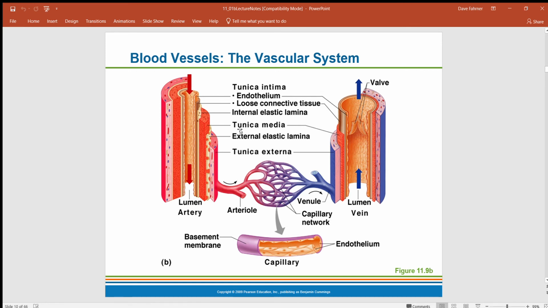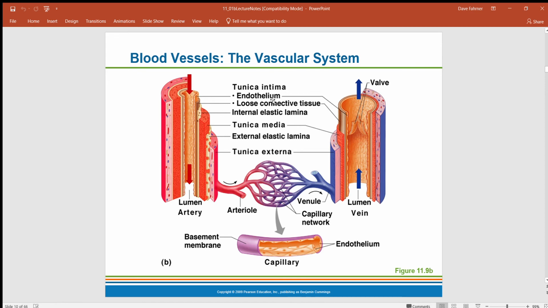The tunica media is going to be the smooth muscle layer. You can see the smooth muscle layer in the artery is going to be much thicker than it is in the vein because of its physiological purposes. Then you have an internal elastic connective tissue, a very small layer right before you get to the endothelium. And you have a little bit of loose connective tissue that's between the endothelium and the elastic layer.